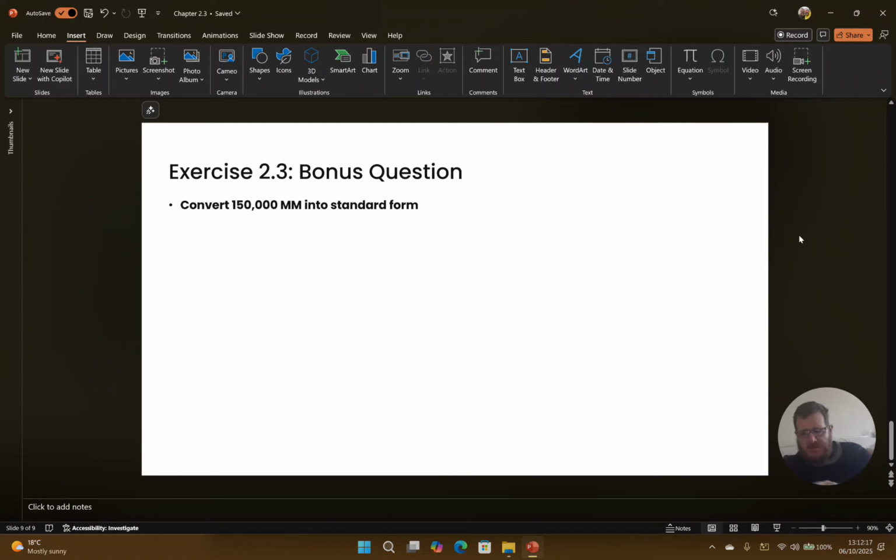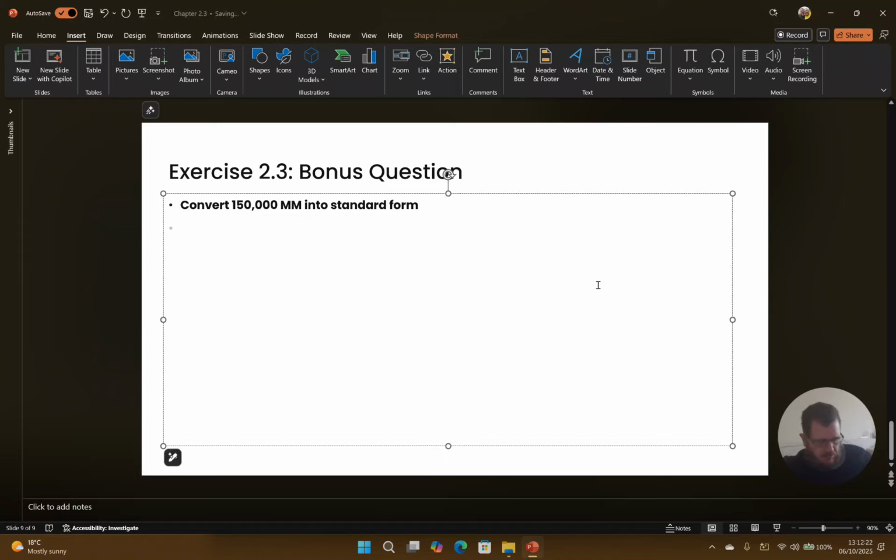We'll do the bonus question quickly. It just shows that even the best of us can make mistakes. So go back to what we had. So we wanted 150 mm.